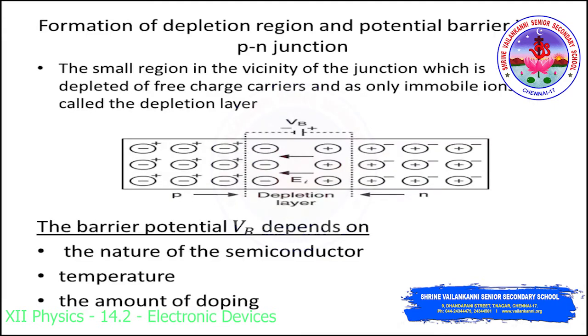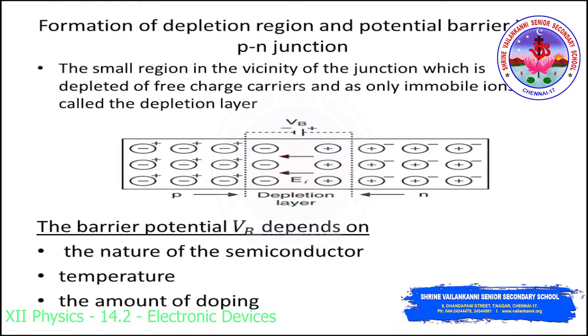Now, the formation of the depletion layer or depletion region and the potential barrier in the p-n junction. As we said, the p-n junction is a single crystal of germanium or silicon, with one half a p-type semiconductor and the other half an n-type semiconductor.